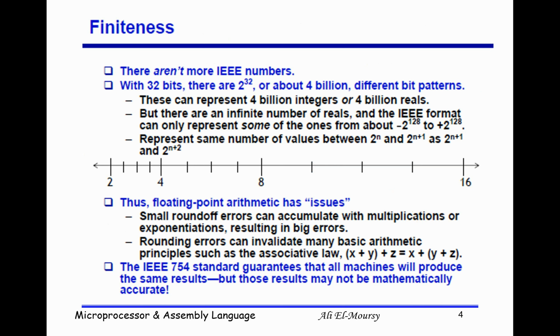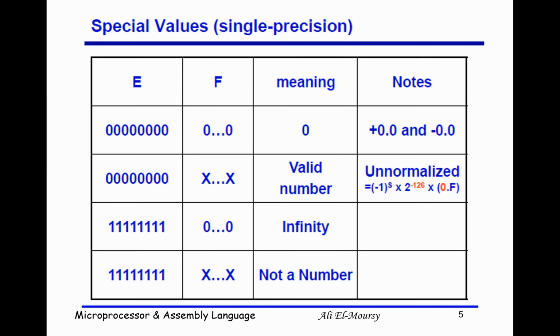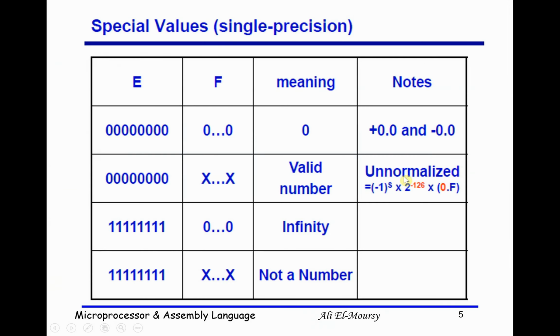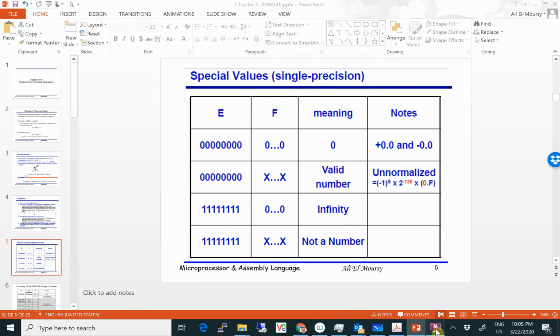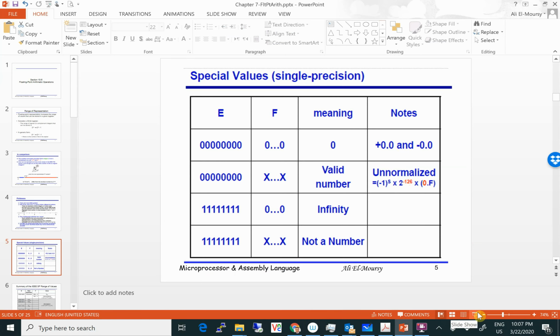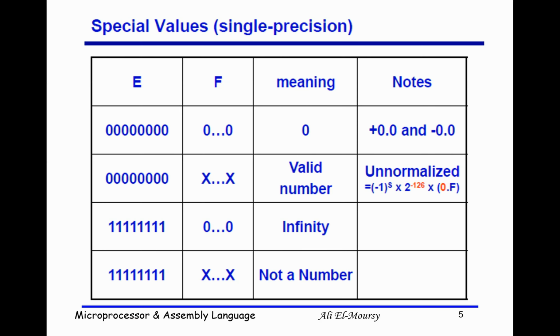Before we discuss the range of values that can be represented in floating point, we need to emphasize some concepts. First, there is a set of combinations that are reserved in the floating point.